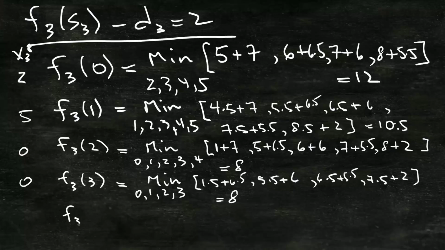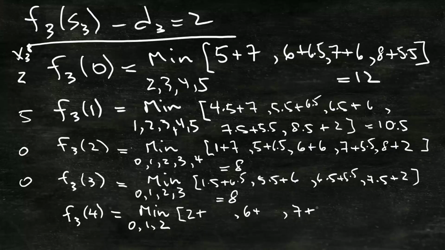And F34, that'll just be the minimum of 0, 1, or 2. Otherwise, I'm overloading my inventory. And this again is now 2 plus. It'll be 1 will be 4 plus 2 is 6.